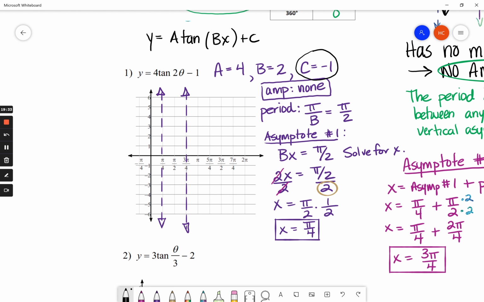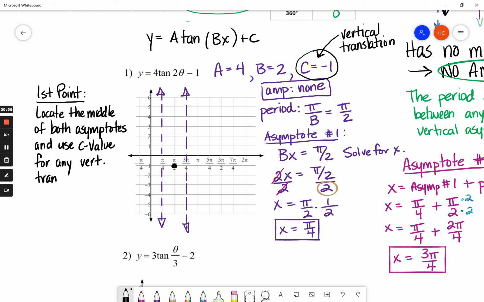So first point, how do you find it? Well, you locate the middle of both asymptotes and use your C value for any vertical translation that has happened.